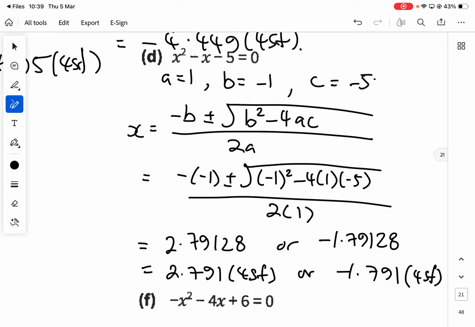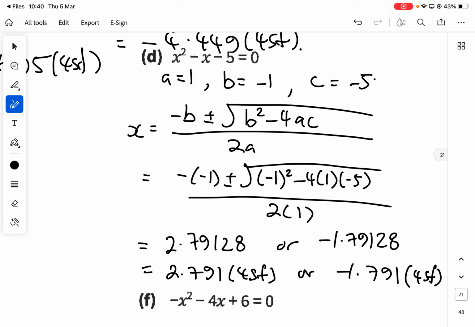So before we can start question 2, we must first arrange it. So my minus x squared goes to the front. My 5x comes in the middle. I must do this first step: arrange x squared, x, number. Then I can start to identify. A is -1, B is 5, C is 1.